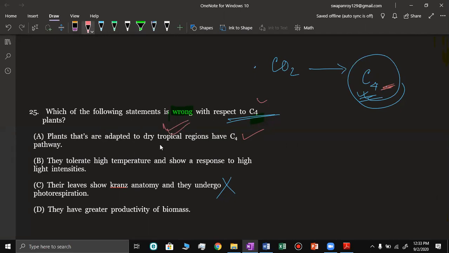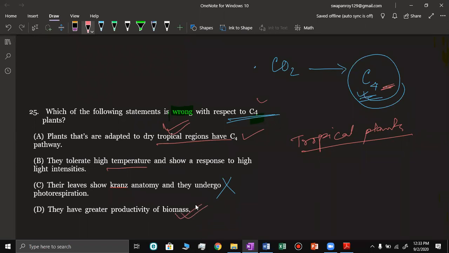C4 plants are tropical plants, but remember that not all tropical plants are C4 plants, though C4 plants are tropical plants. They tolerate high temperature. They have greater productivity of biomass.